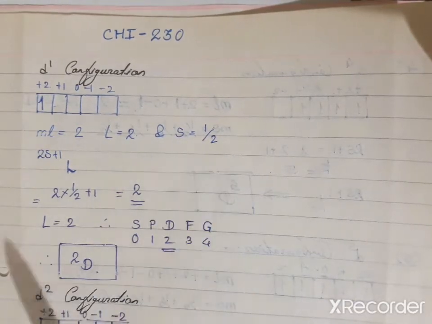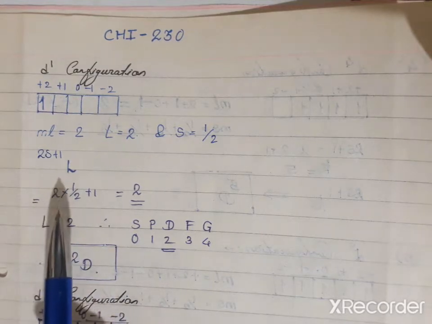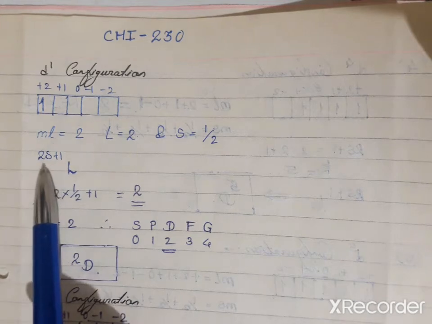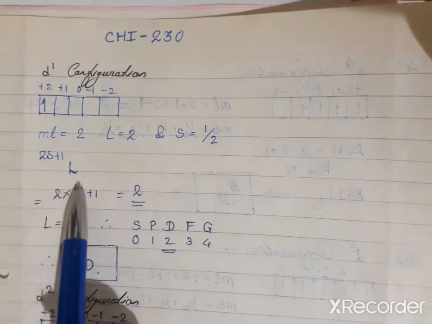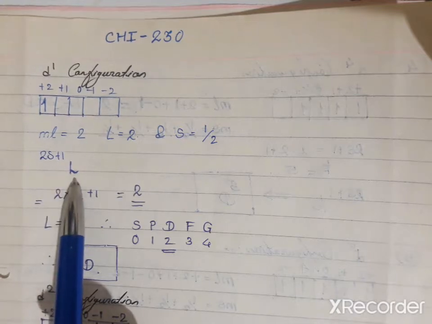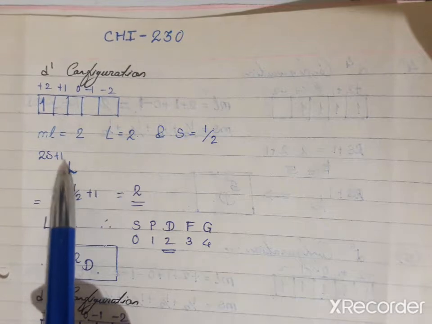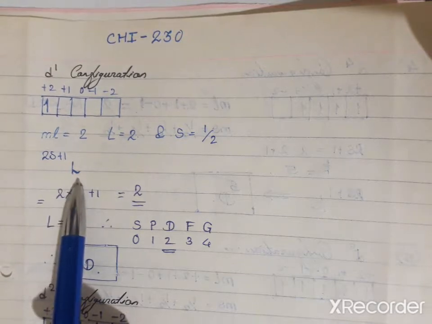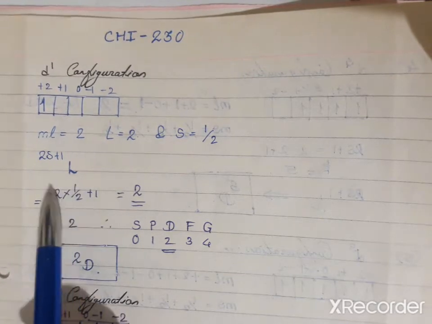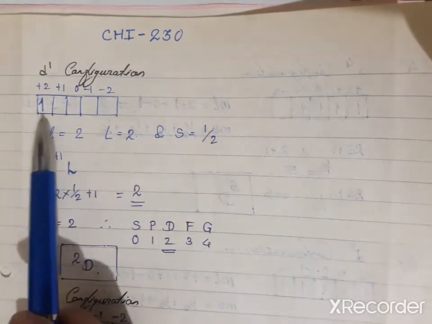Now, how to write the Russell-Saunders term, or RS term, or ground state term? The formula is 2S plus 1 and L. This 2S plus 1 is spin multiplicity, and this L is orbital angular momentum. So for 2S plus 1, put the value S is equal to 1 by 2, because there is only one electron.